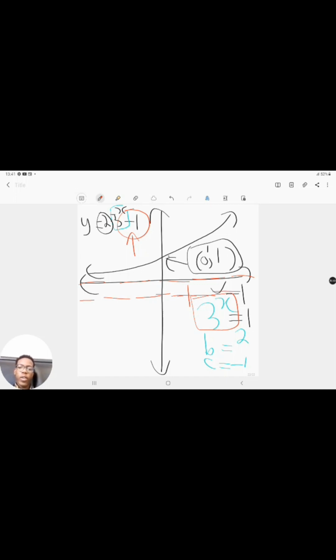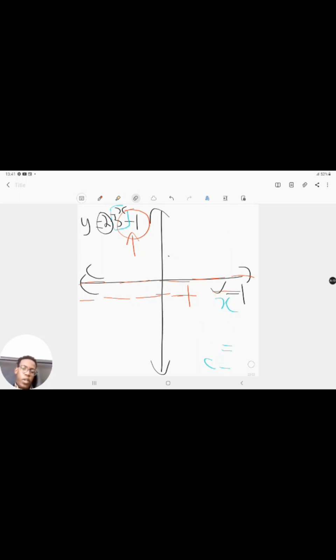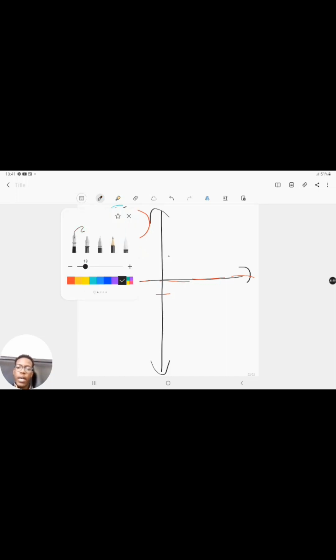So your final graph will look as follows. Let me just erase these things.